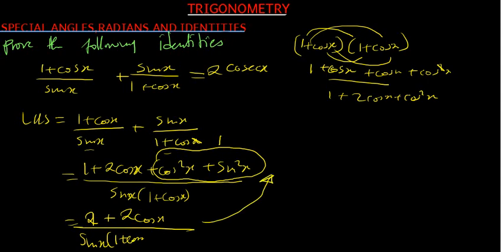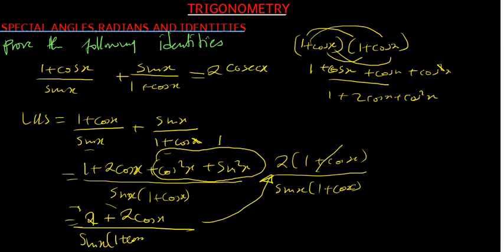So we are going to bring this here. We can factorize on top. We can see we have got a 2 there and also there. So we're going to say 2 open brackets 1 plus cos x, and then divided by sin x (1 plus cos x). Notice that this is going to cancel out. So what we are going to have now is 2 divided by sin x, which I can also write as 2 multiplied by 1 over sin x.